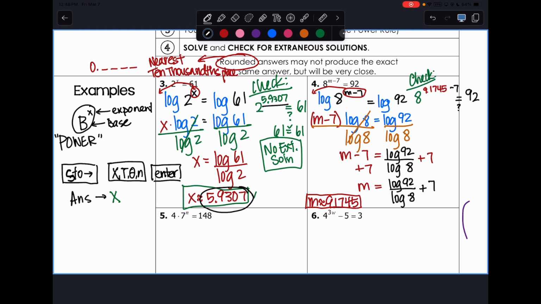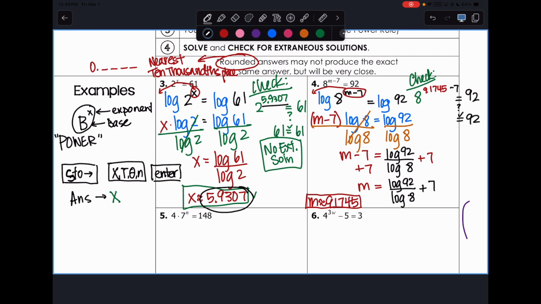So let's do it. 8 raised to the x power minus 7. Make sure you put minus 7, not negative 7. Negative is in parentheses, and it's going to give you a multiplication sign, and then the negative 7. So make sure it just says minus 7. Hit enter, and guess what I got?